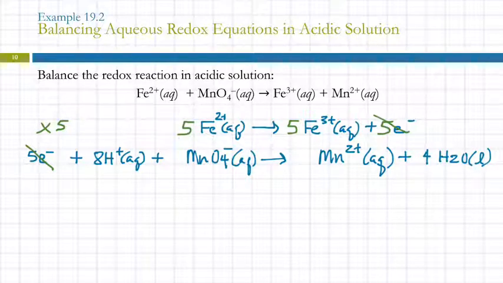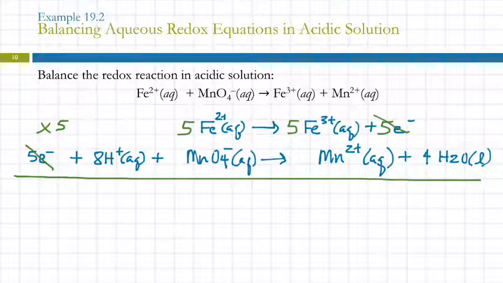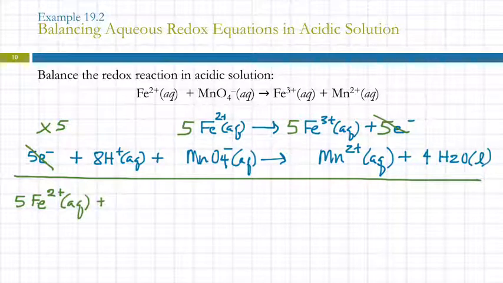So now we add these together. So draw a line. And I'm going to try to do the same order. It doesn't really matter, but you got to have some guidelines in life. So Fe2+, there's 5 of those. And then I'm going to add in the permanganate. 1 permanganate ion. And then I've got the 8 hydrogen ions.